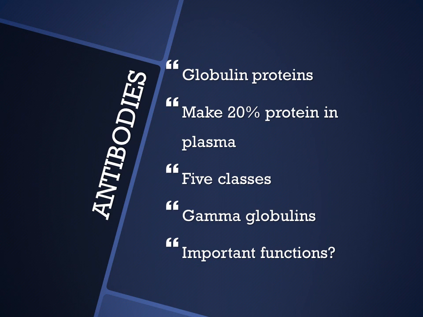When we talk about the most important functions of the antibodies, they neutralize the viruses, they help in opsonization of the bacteria, they also help in neutralization of the various toxins, they can cause the activation of the complement cascade, and prevention of the microbial attachment to the mucosal surface.